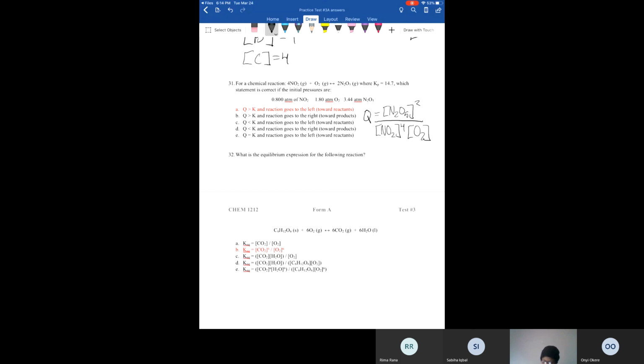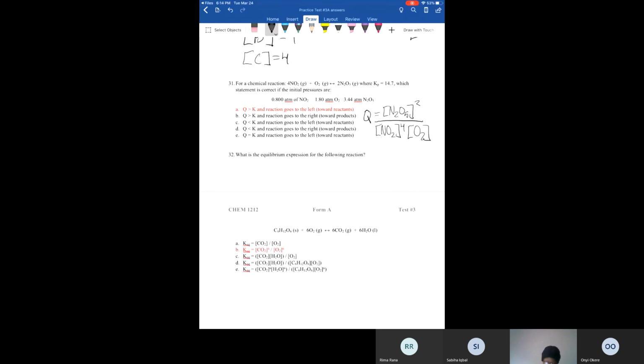So if you plug that in, you get 3.4 squared divided by 1.8 times 0.8 to the 4th. So you do that.